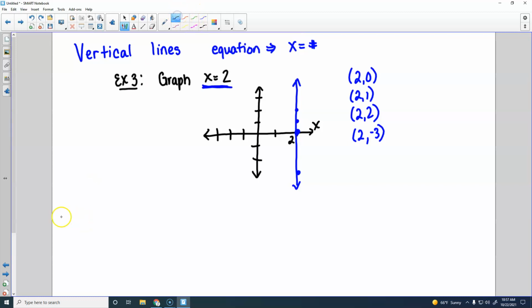Horizontal lines, their equation is y equals a number.